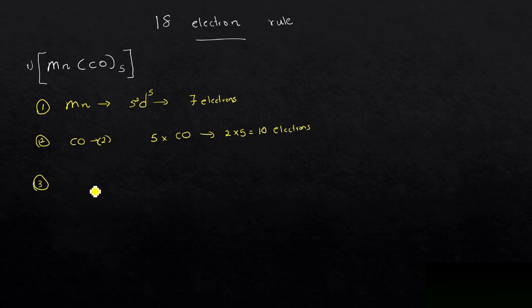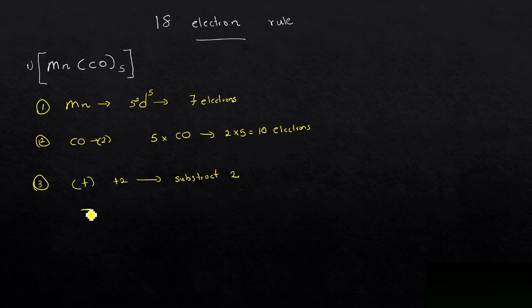Here we have the last step: if your complex contains charges. Let's say your complex contains a charge of plus 2, then you need to subtract 2 from the total number of electrons.